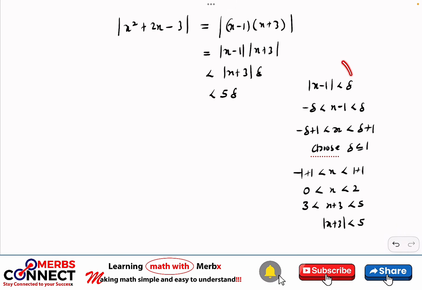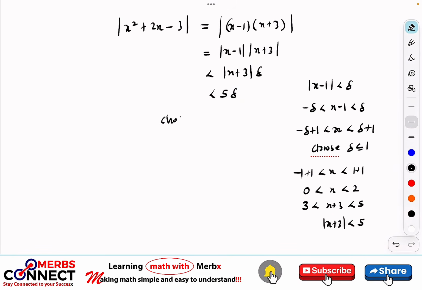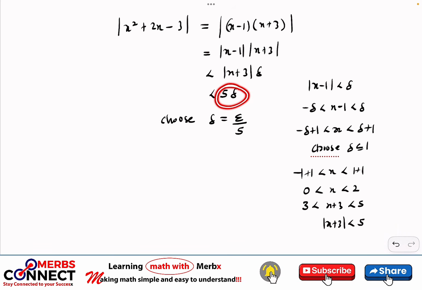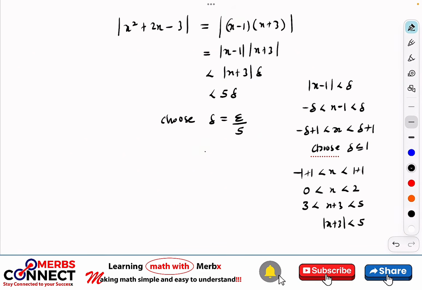Don't forget this is part of the solution, but we just did it somewhere. And here we are going to choose delta to be equal to epsilon divided by the coefficient of delta here. Now we can have this equal to 5 epsilon over 5, and this is equal to epsilon. So now we just do the conclusion there.